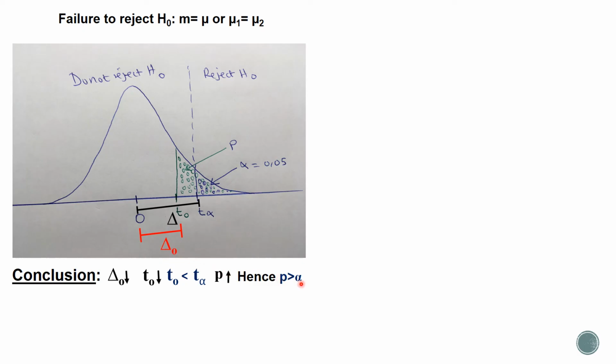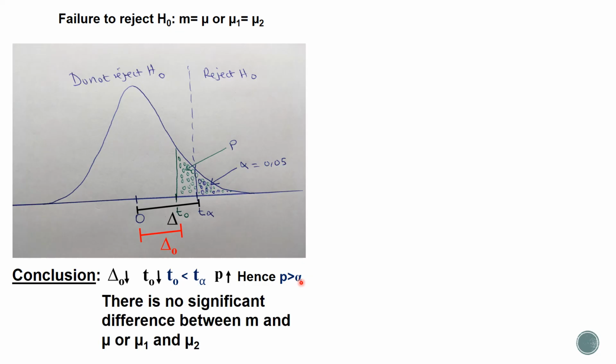And we have every right to say that there's no significant difference between the population results, and even if there's a difference, it's due to random sample error. That's what it means. So we would say there is no significant difference between the sample mean and the population mean, or the two or more different population means that we are comparing.